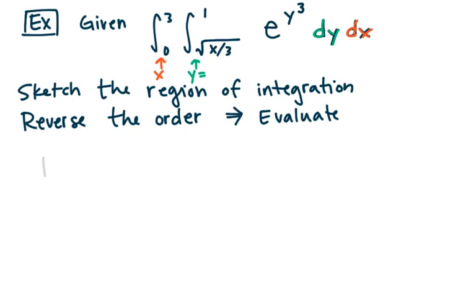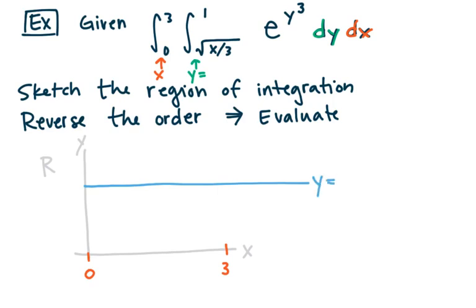So let's think about sketching our region in the xy plane. So I have x, I have y. Clearly, I see my x values go from 0 to 3. And then I have two y values. I've got y equals 1, so I'm going to draw a horizontal line here for y equals 1. And then I have this curve. You could plug it into your calculator and graph, but you're going to see it does something roughly like this.